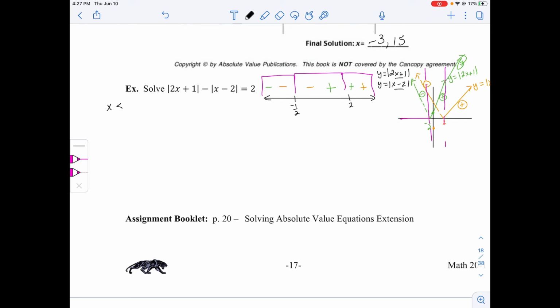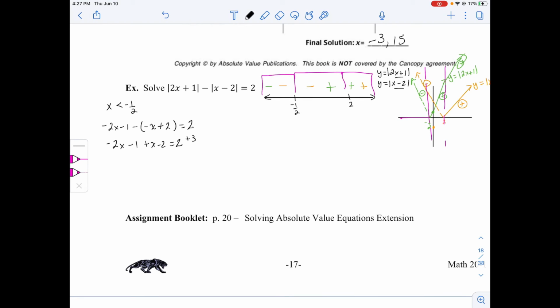From x is less than negative 1/2, we know that both of these would be negative, so we've got a negative case. The negative 2x minus 1 minus negative x plus 2 would equal 2. So negative 2x minus 1 plus x minus 2 is equal to 2.